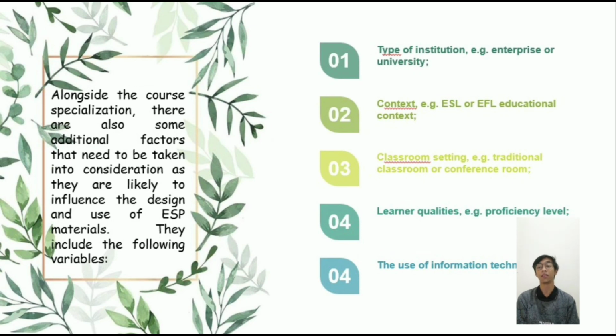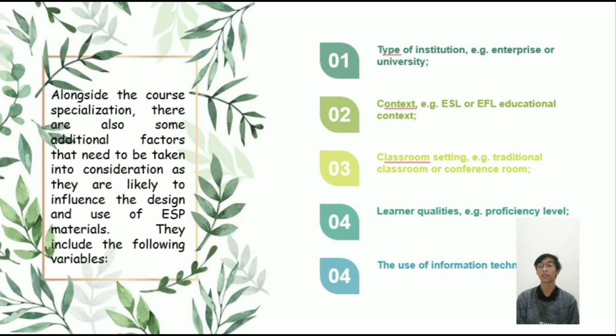Alongside the course specialization, there are also some additional factors that need to be taken into consideration as they are likely to influence the design and use of ESP material, and they include the following variables. The first is type of institute, for example, enterprise or university.